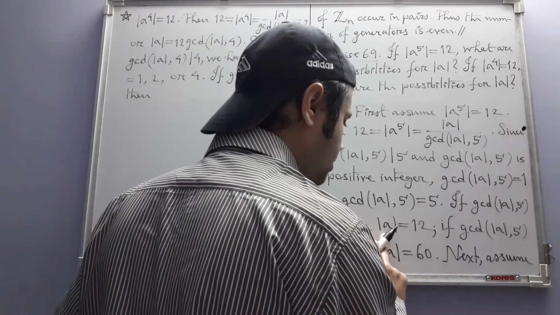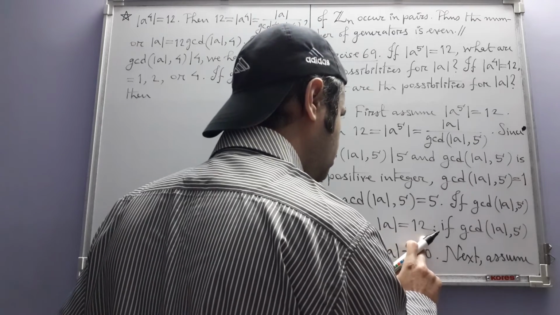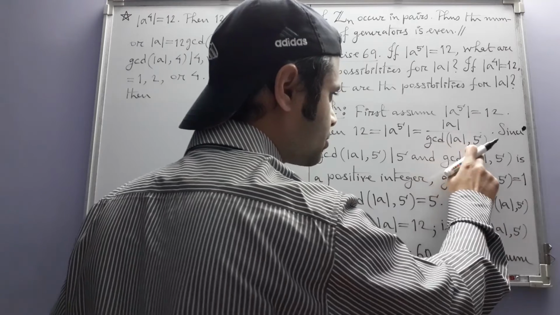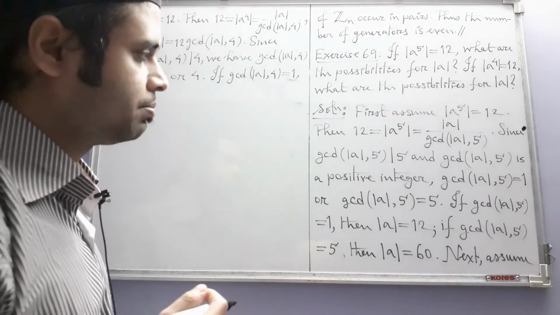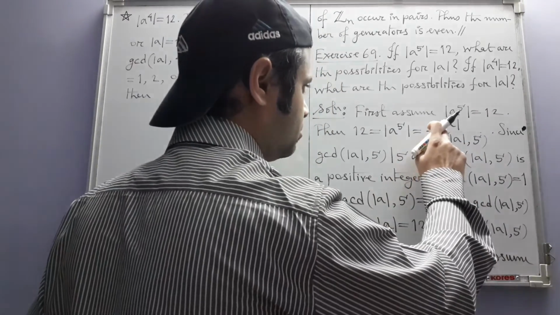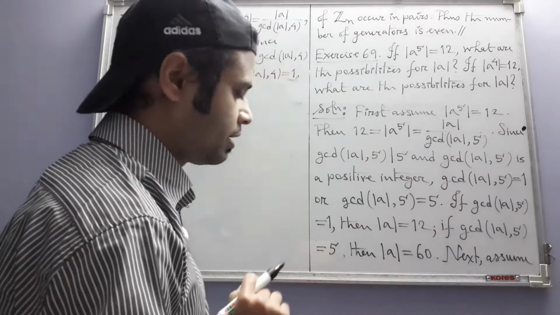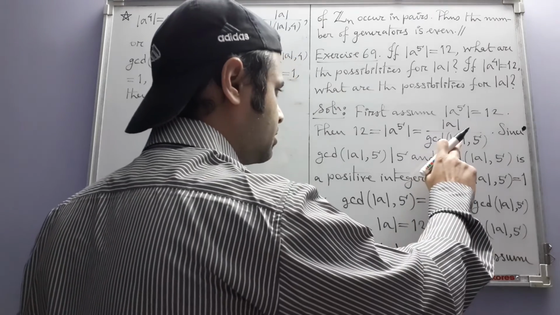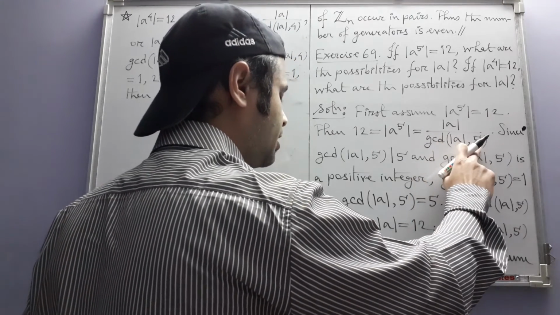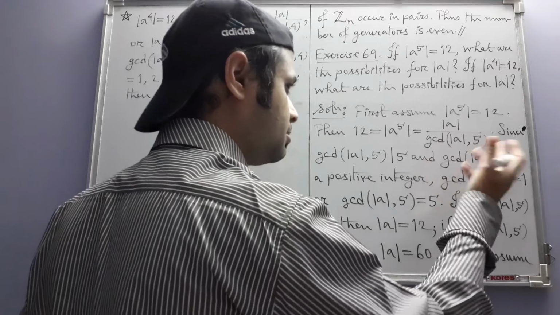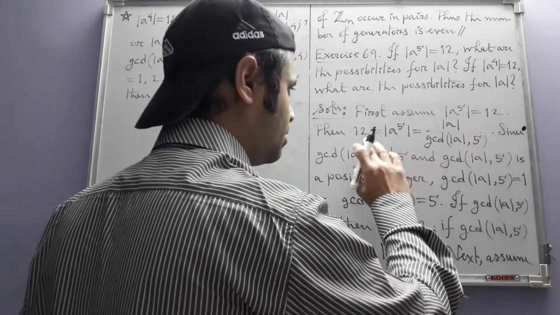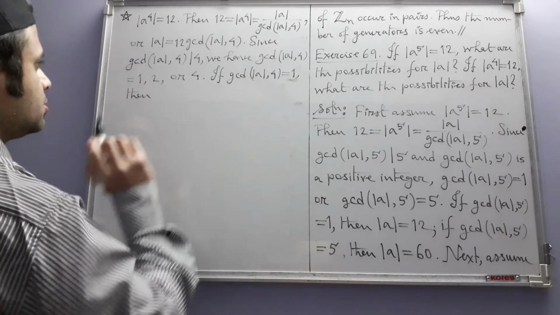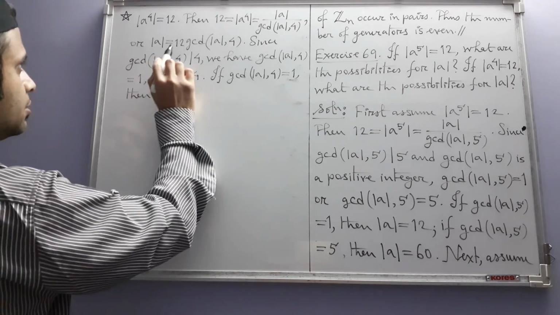If the order of a is actually equal to 12, then since 12 and 5 are relatively prime, yes, the equation is satisfied. And when the order of a is 60, then the GCD of 60 and 5 is 5, so 60 divided by 5 is 12. Fine.